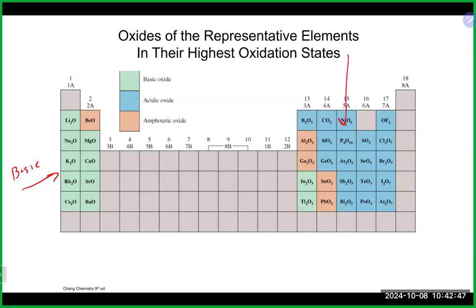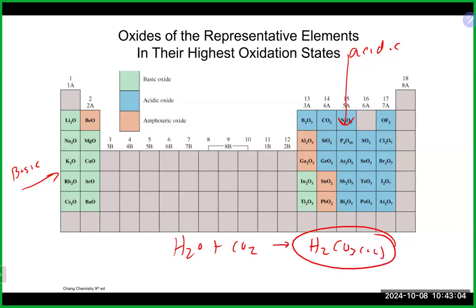Over here, where our nonmetal oxides are, those are typically our acidic oxides. So if you take something like water and our friend CO2, you will make carbonic acid.